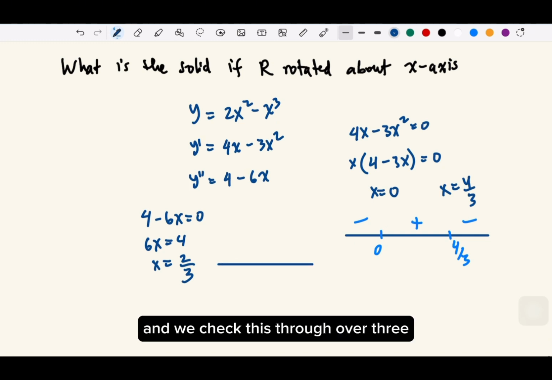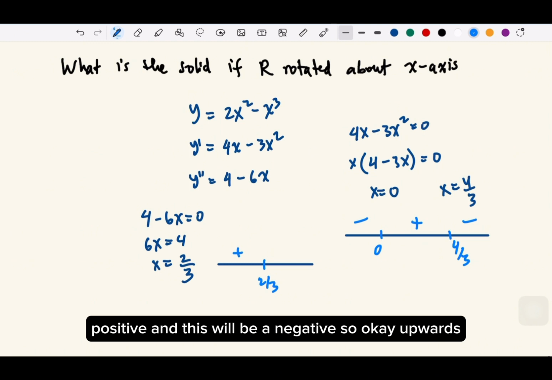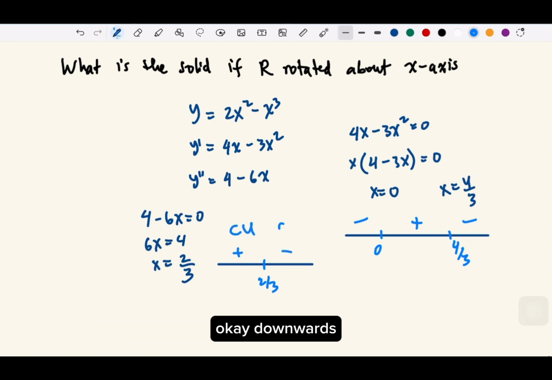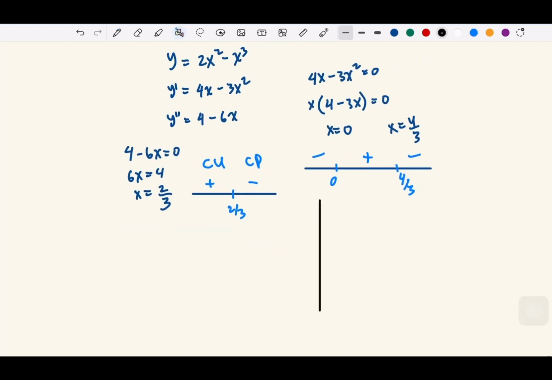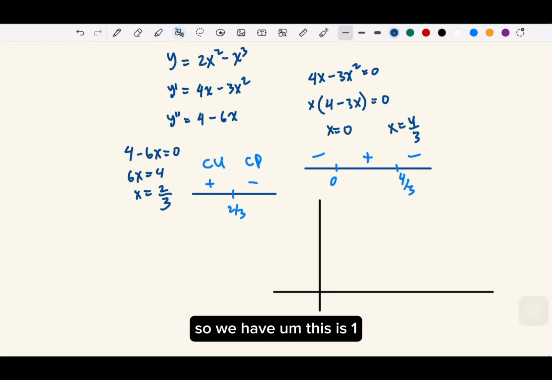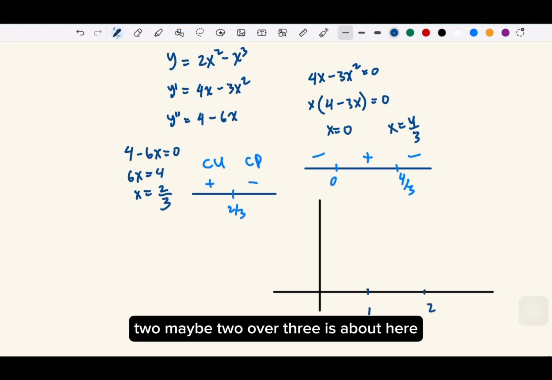And we check this 2/3. Of course, this will be positive, and this will be a negative, right? So concave upwards, concave downwards. So we have, this is 1, 2, maybe 2/3 is about here.